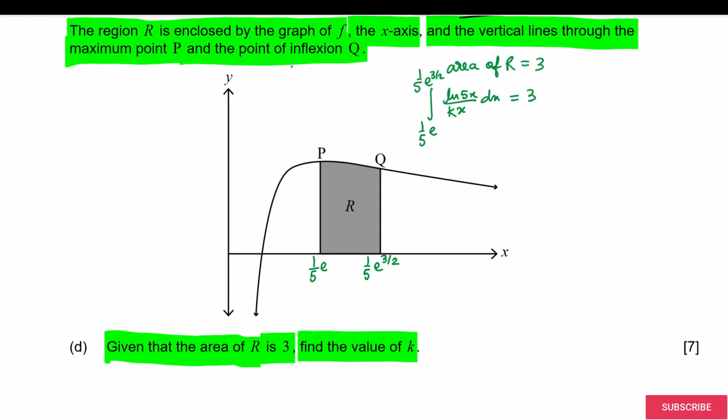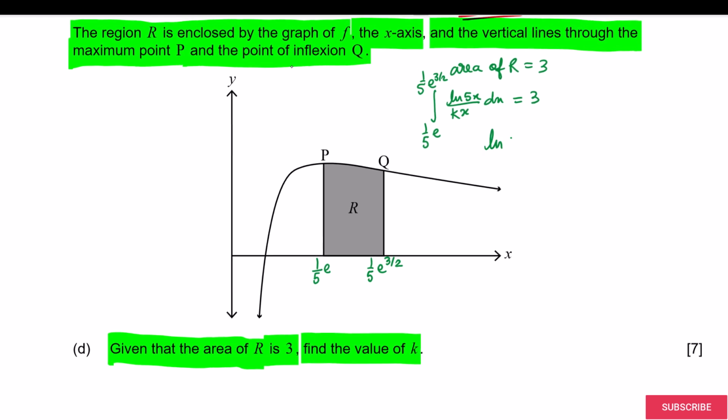So we can see it is not a single function, so we'll use substitution here. Substitution is valid here. k is a constant, we can send it out. Let's say ln 5x is u.